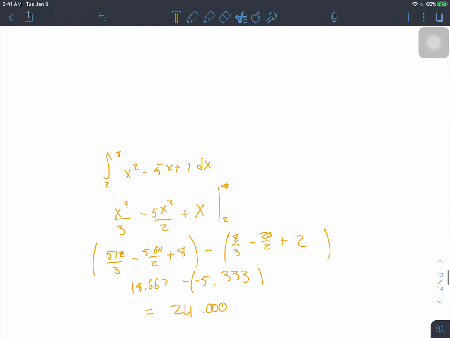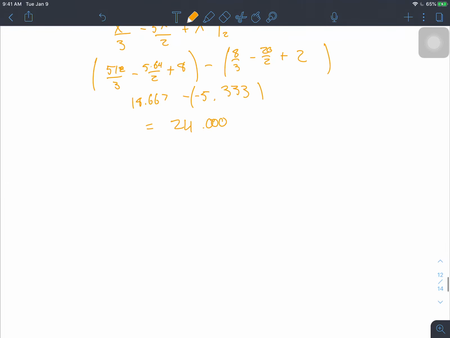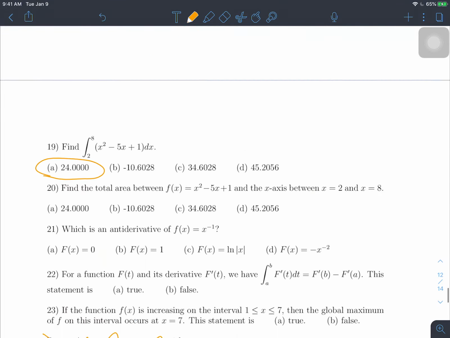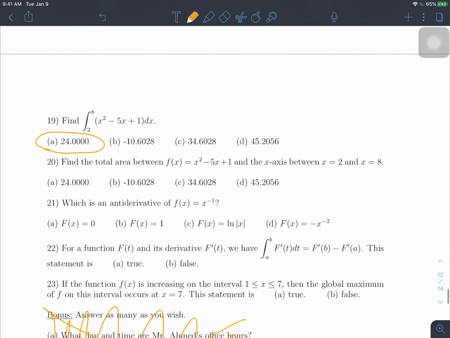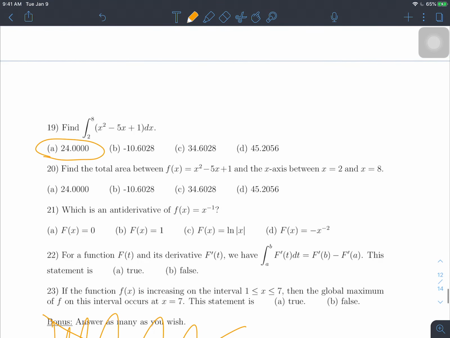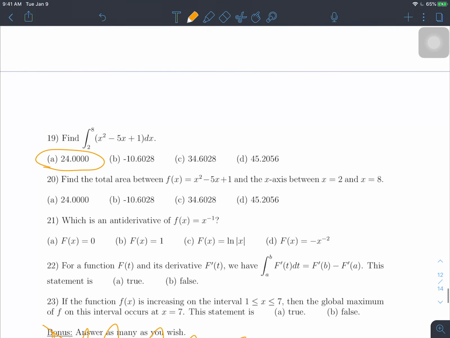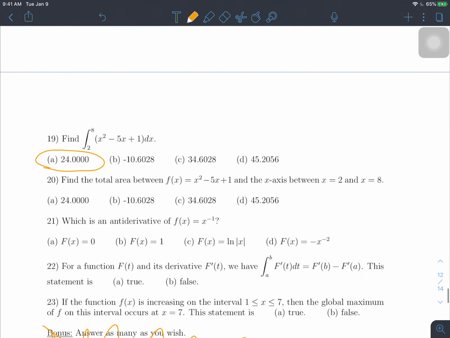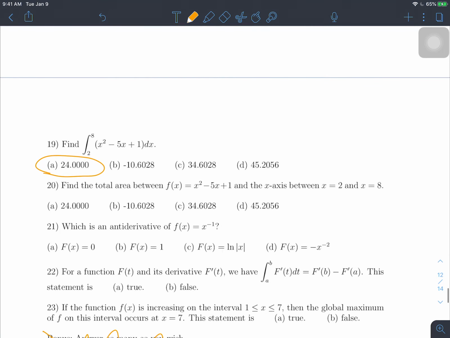So this was the work for 19. Now the work for 20. So x squared minus 5x plus 1 between x equals 2, x equals 8.